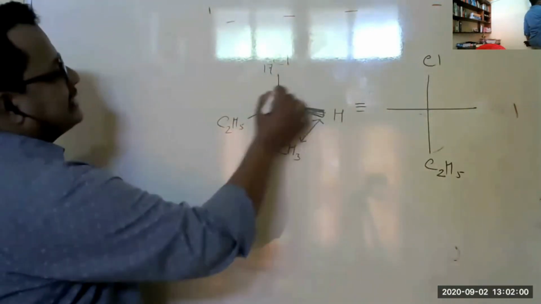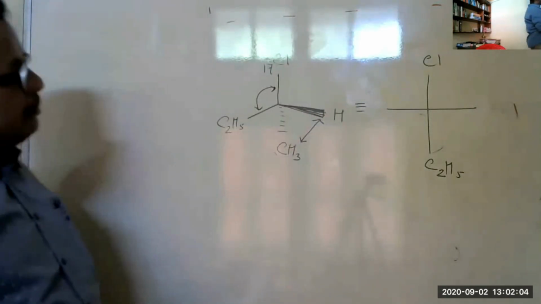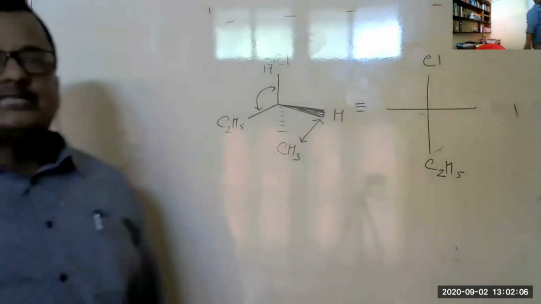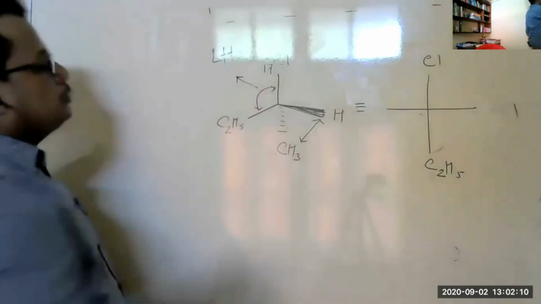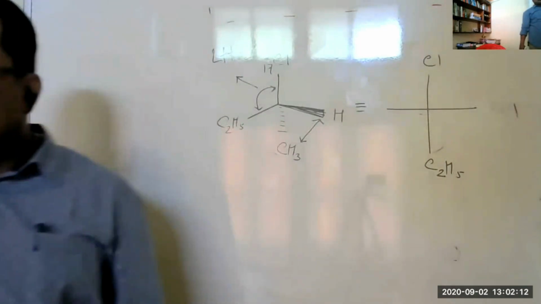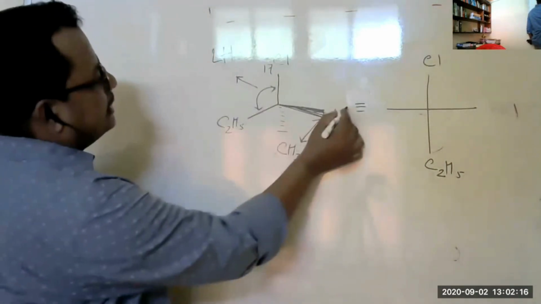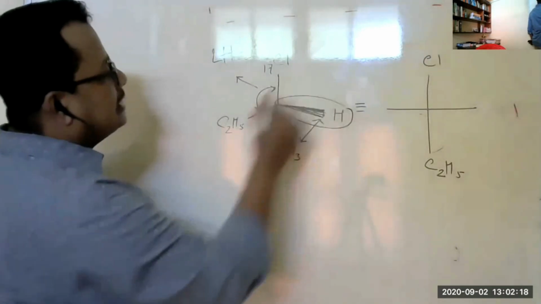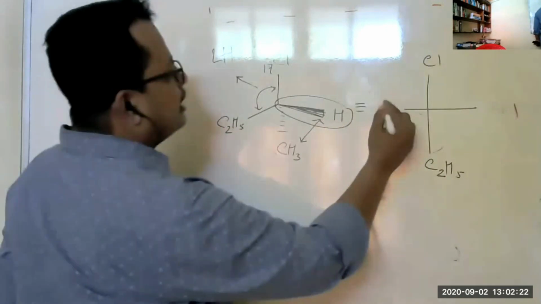Now look at this angle. The angle between these two line bonds is pointing towards left. If this angle points toward left, then the group which is in the wedge will be on the left.